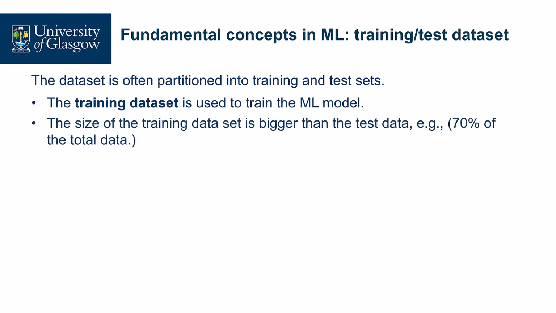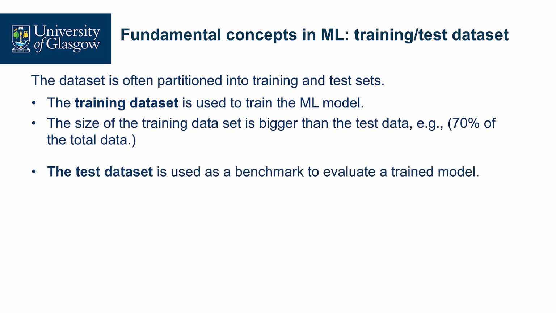For example, I use 70% of the total data to train the model. The test data has another purpose. It's not used to train the model, but to test if a trained model works well or not. So we say the test data set is used as a benchmark to evaluate a trained model.